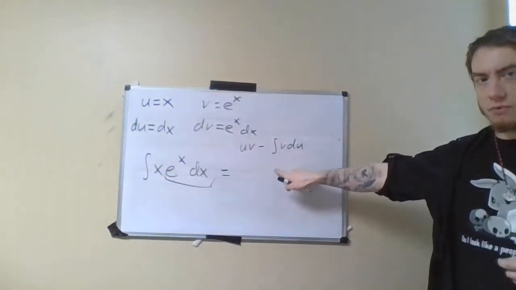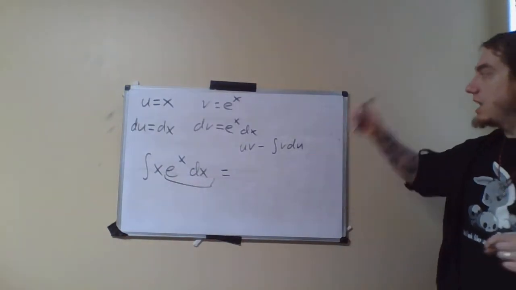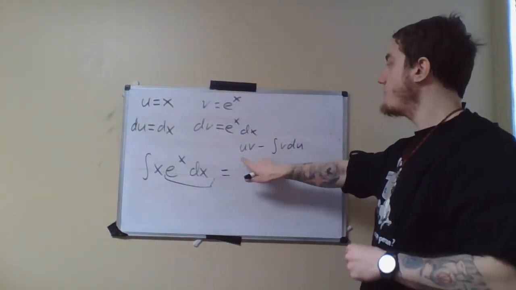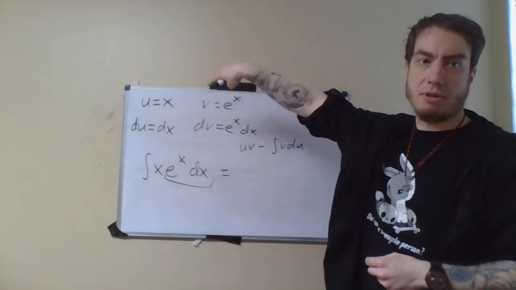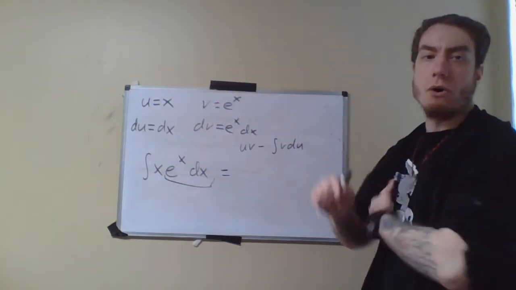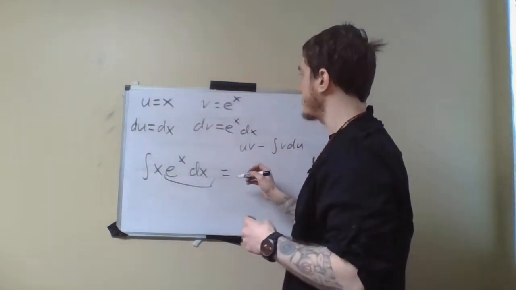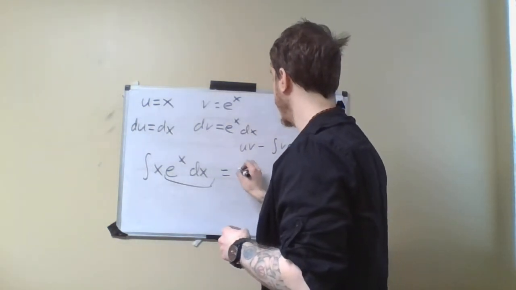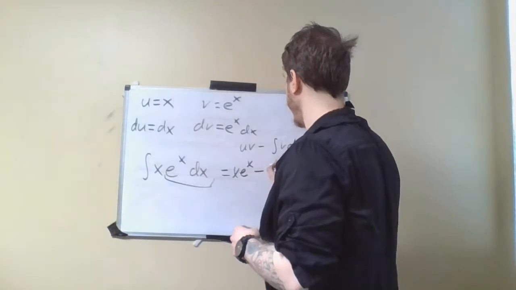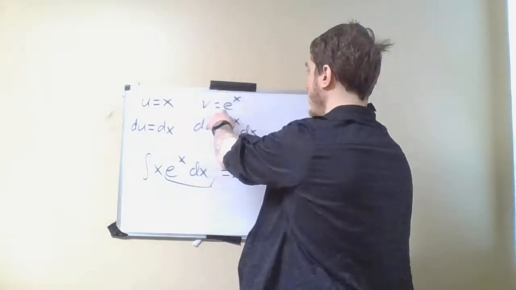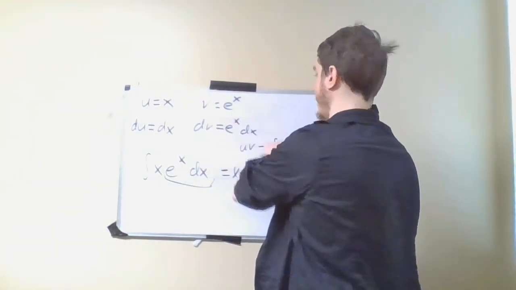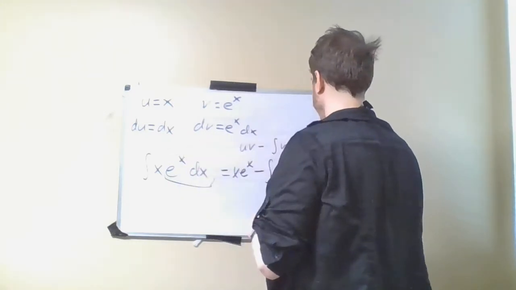That is the rule for doing integration by parts. At this point, I have all four of these things written down up here, a little grid with all of the information that I need, and I can just write them down. So uv, that's going to be x e to the x, and then I subtract the integral of v, that's my e to the x, and then du is the same as dx.